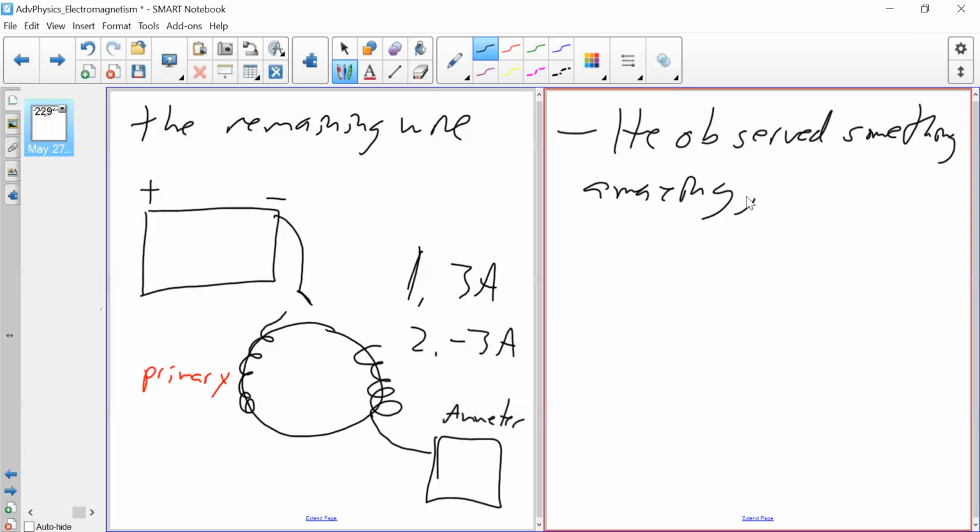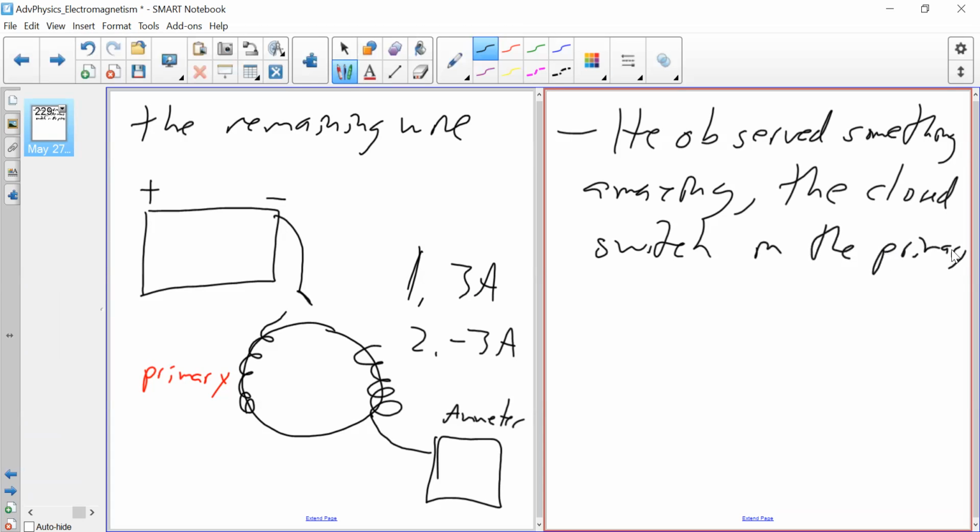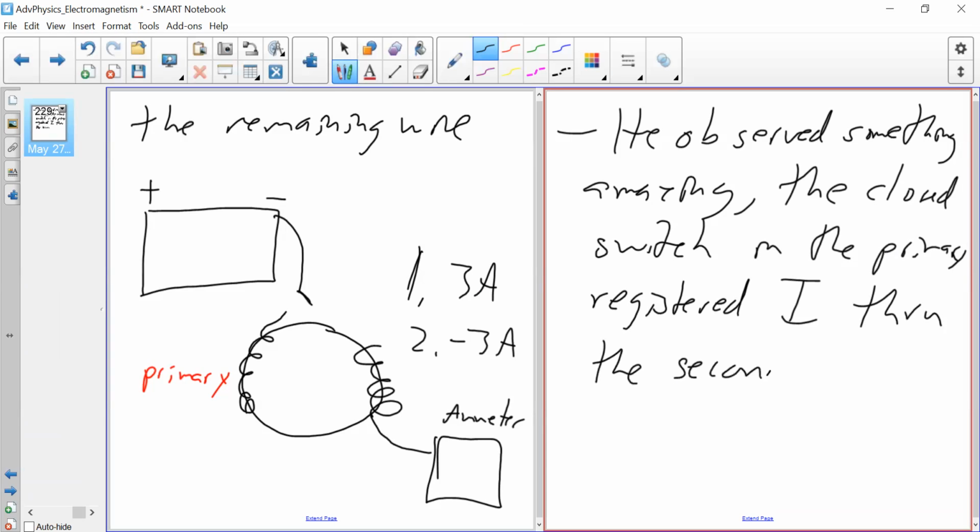Let me just finish writing this up. So the closed switch, we're closing this first time. In the primary, register current through the secondary.